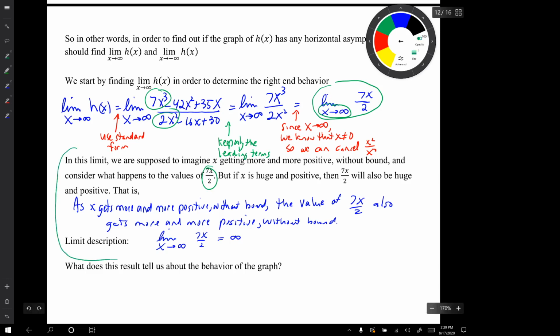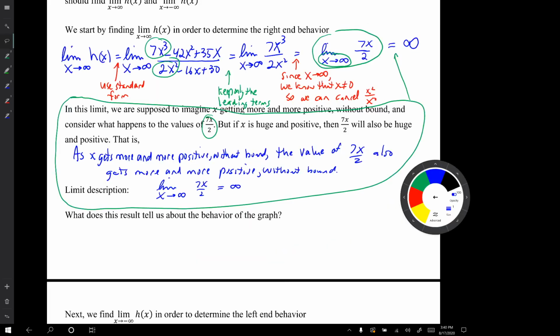So all of this stuff that I've circled here is the thinking that goes into saying that this limit is infinity. What does this tell us about the behavior of the graph? Well, the fact that the limit as x goes to infinity of h of x is infinity tells us that the right end of the graph goes up. There is no horizontal asymptote.